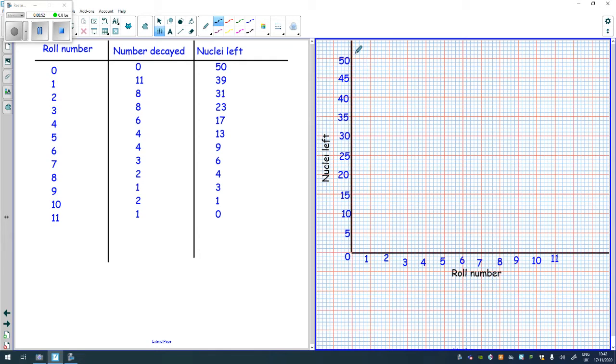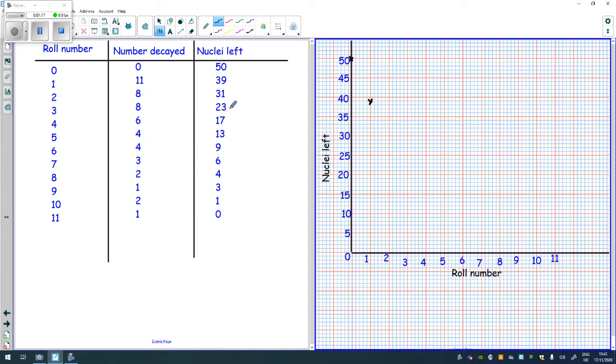plot a line graph. So I'm going to start off by plotting my roll number 0, which was at 50. I'm going to put a little cross at 50. Roll number 1 was, sorry, I'm going to put my number of nuclei left. So number 1 was 39, so I'm going to go to 39 on here and put a little cross again.